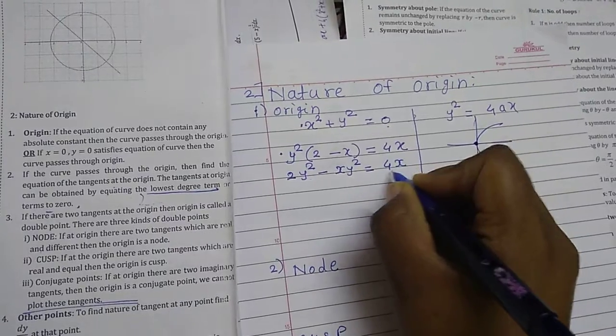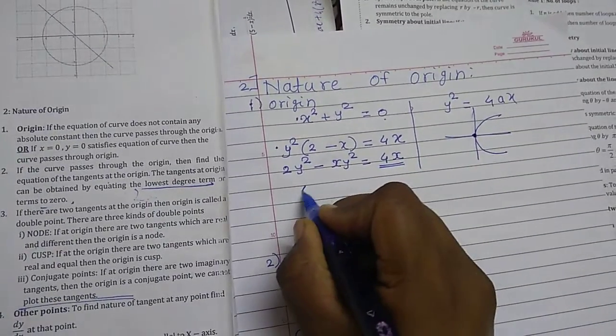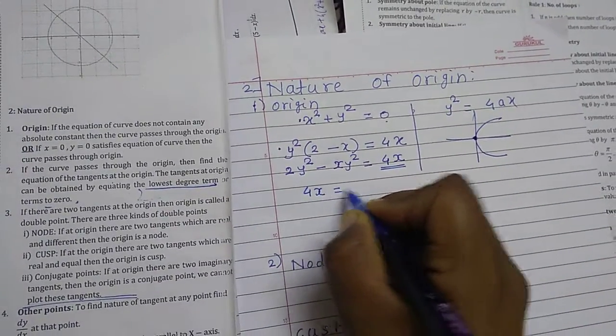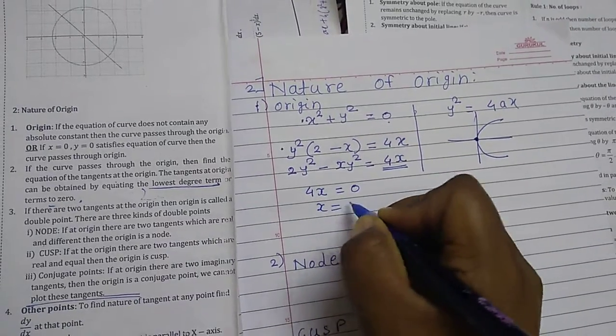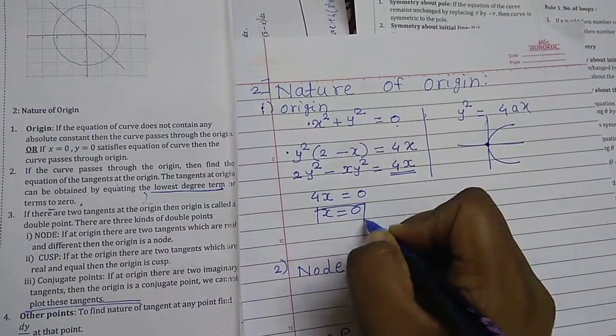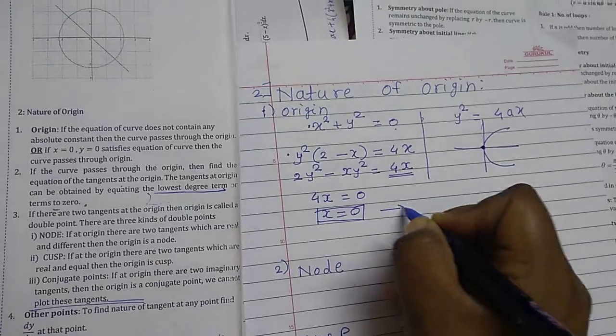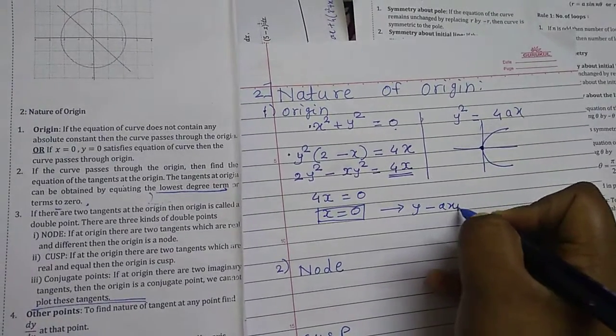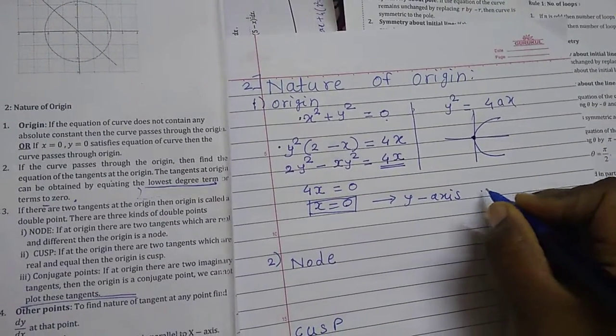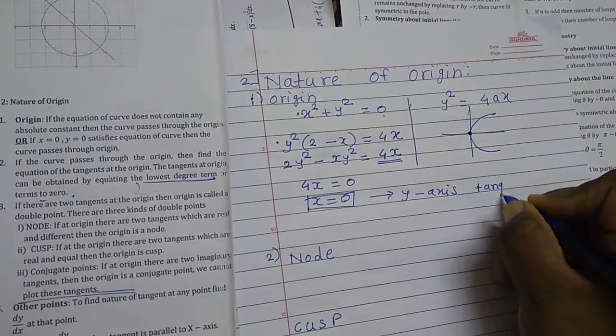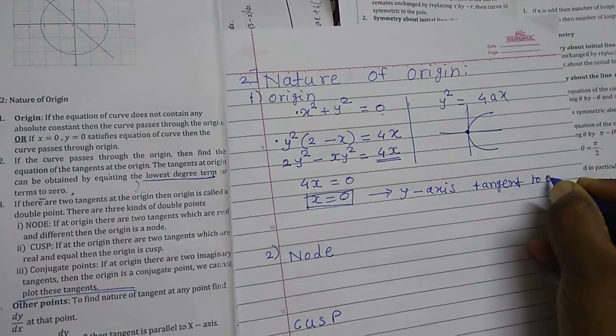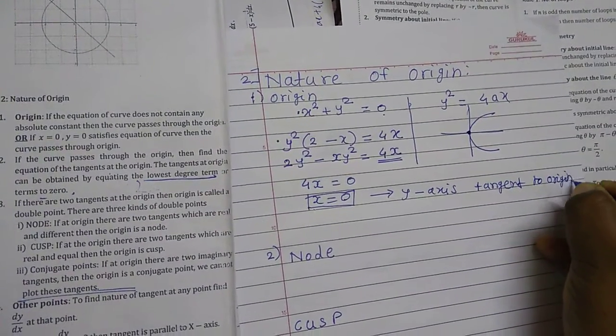So the lowest degree term is 4x. So equating 4x equals to 0, we have x equals to 0. That is x equals to 0, which is y-axis, and y-axis acts as a tangent to origin.